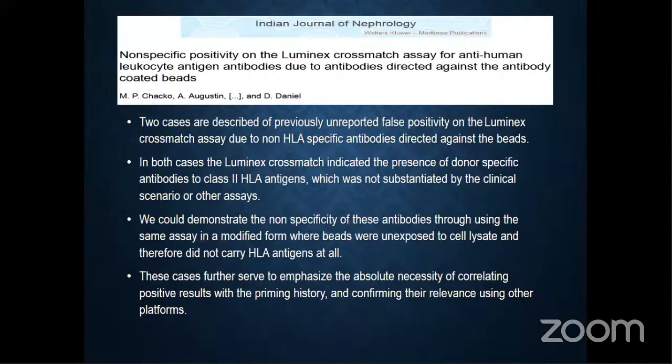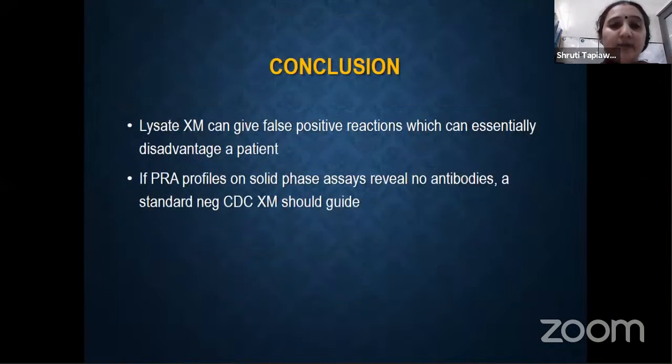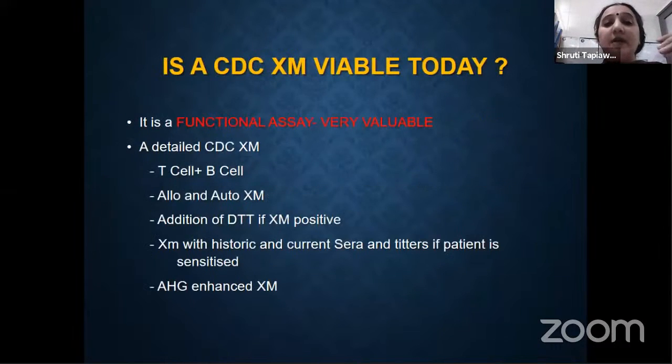The reason given was that it causes a lot of unopposed engagement of the antigen antibody. So if the PRA profiles on the solid phase assays reveal no antibody, a standard negative CDC cross-match should guide. This was the conclusion of many of the papers coming out now.